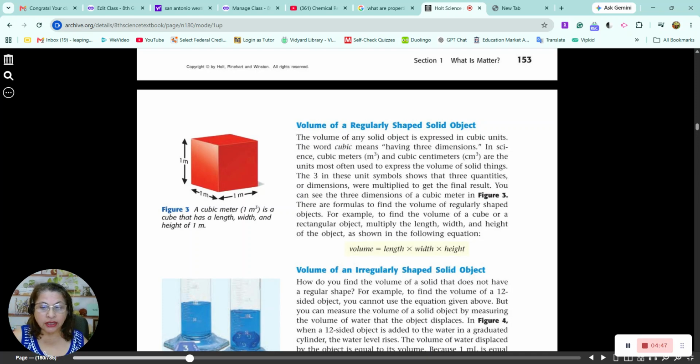It would be very good, and I tell my students to create your own reference sheet. Get a sheet of paper, and anytime you get a formula, write it down, okay? That way, when you have to determine something, you get that sheet out.